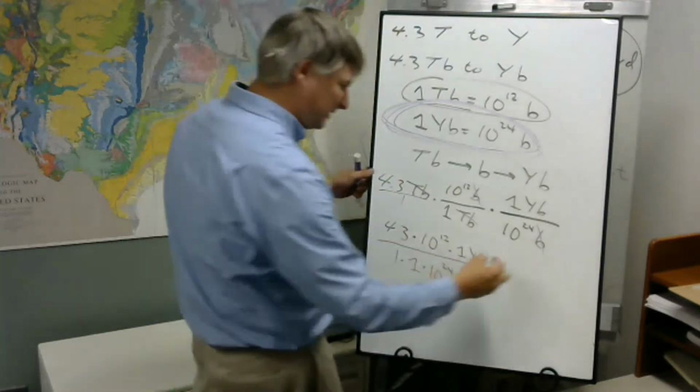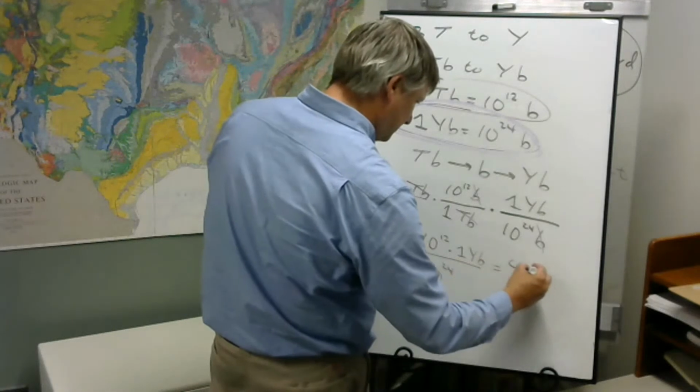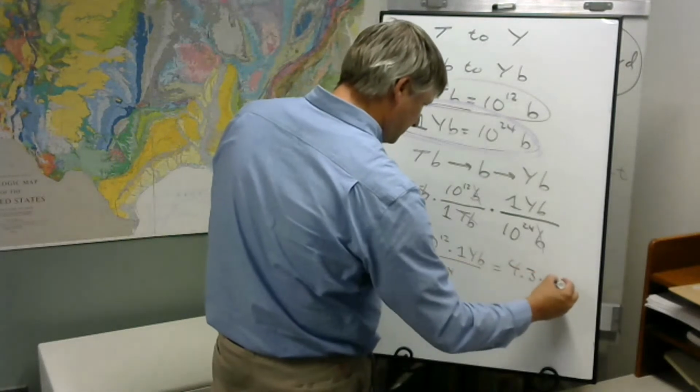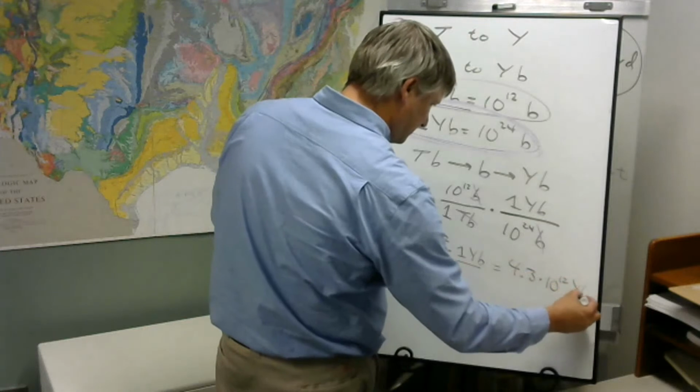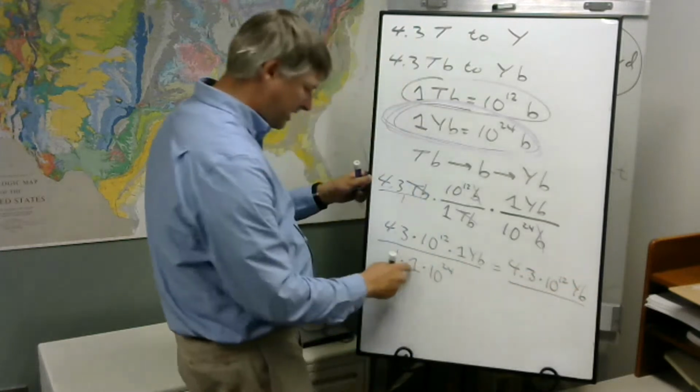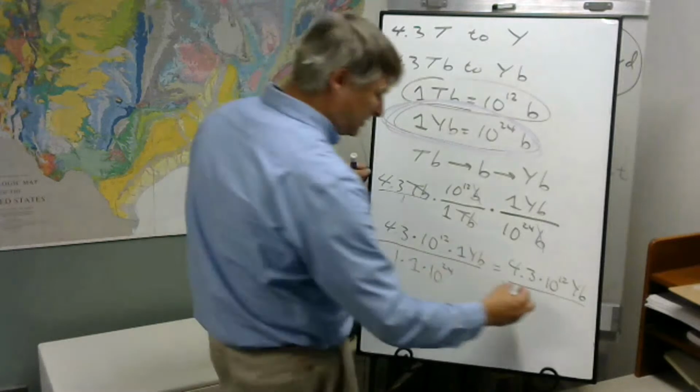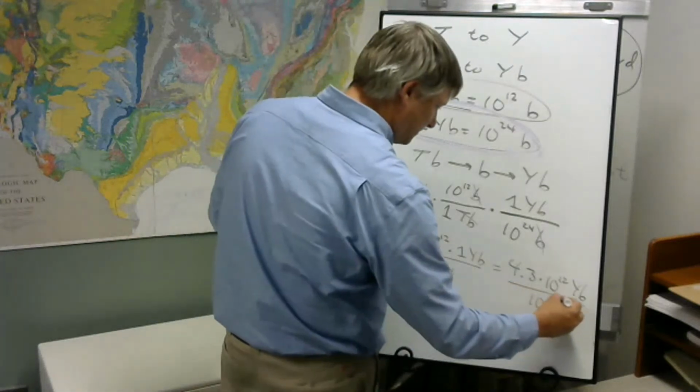Times 1 doesn't do anything. And times 1 on the bottom doesn't do anything either, so we just get 10 to the 24.